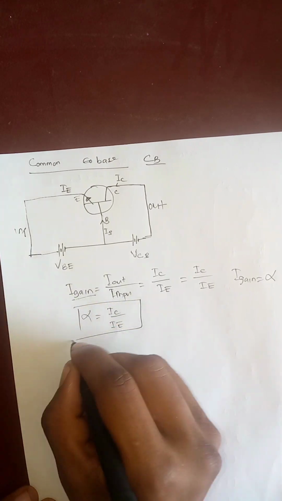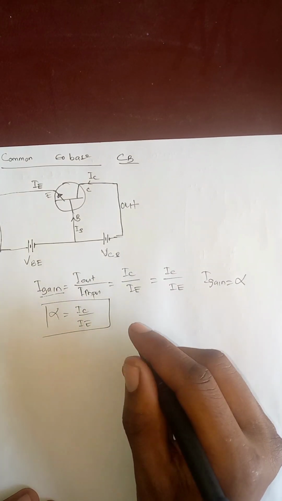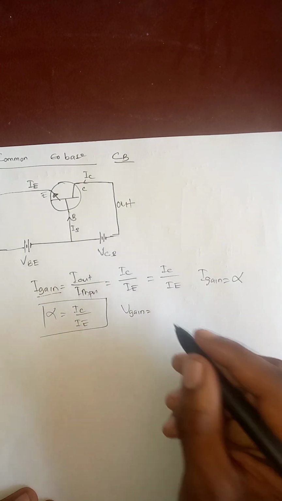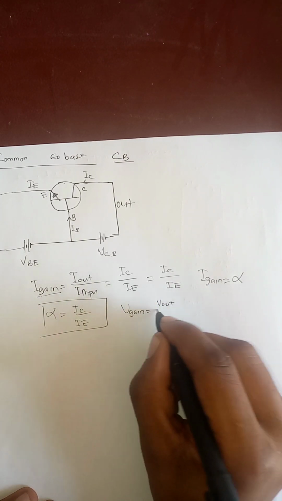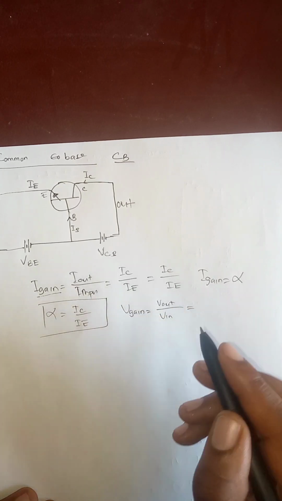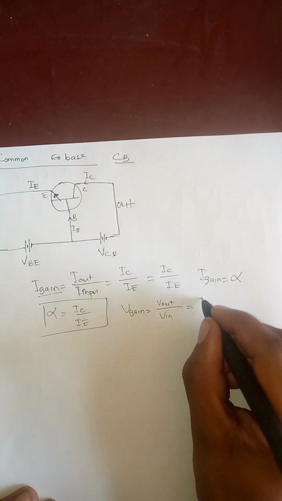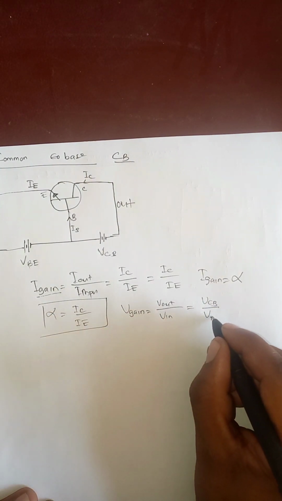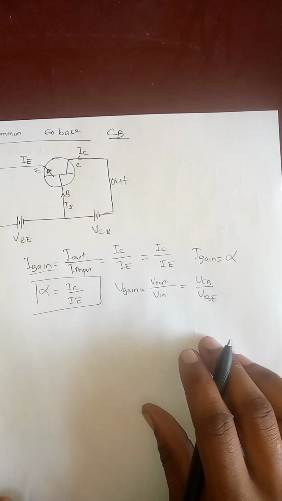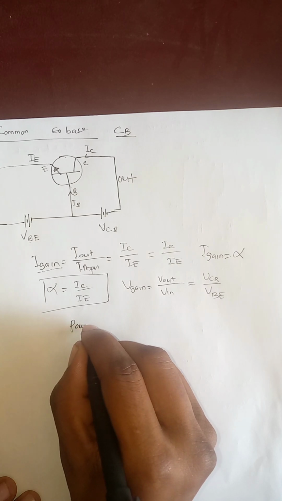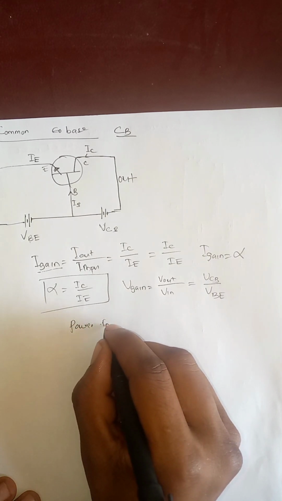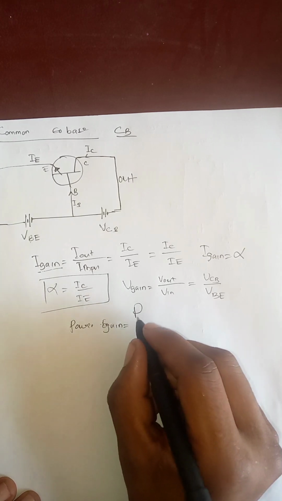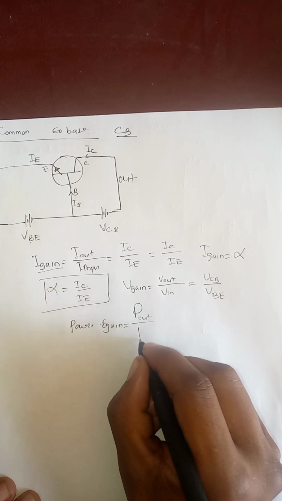So alpha is equal to IC over IE. This is current gain. Also we can find voltage gain. V gain is equal to V output over V input. We know what V output is. It is VCB over VBE. We can also find power gain, which is power output over power input.